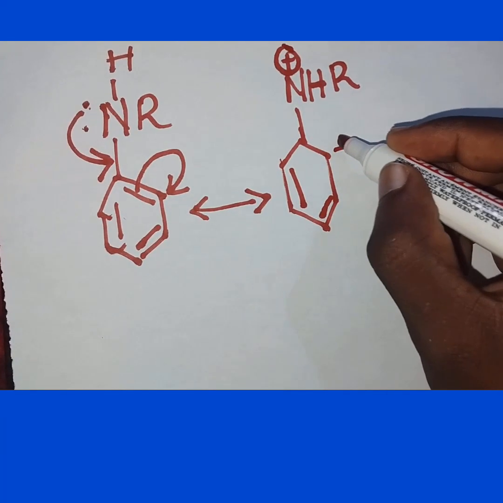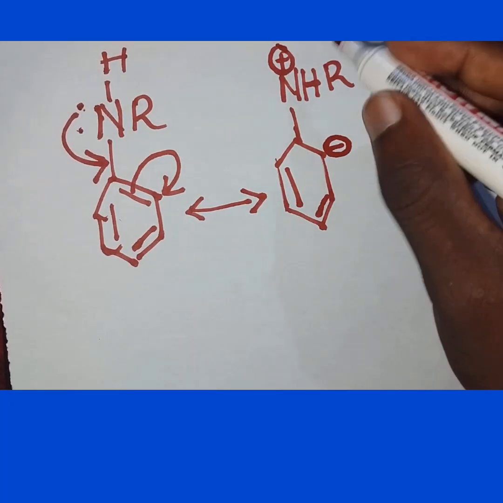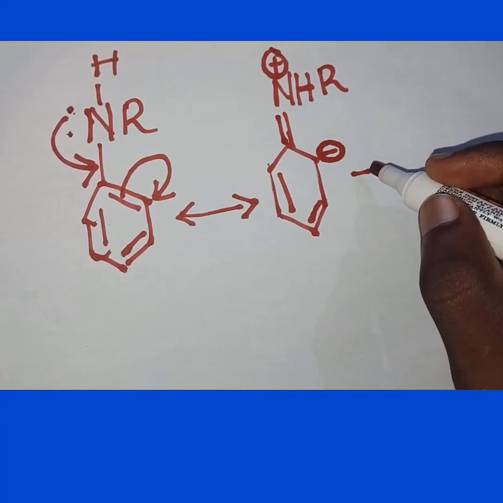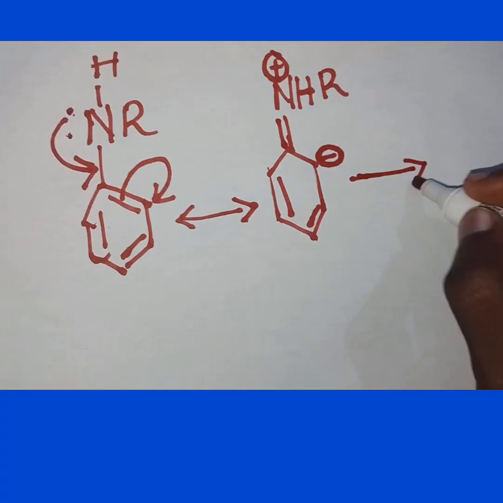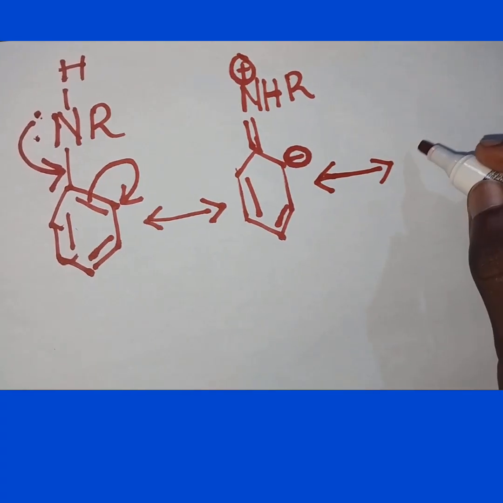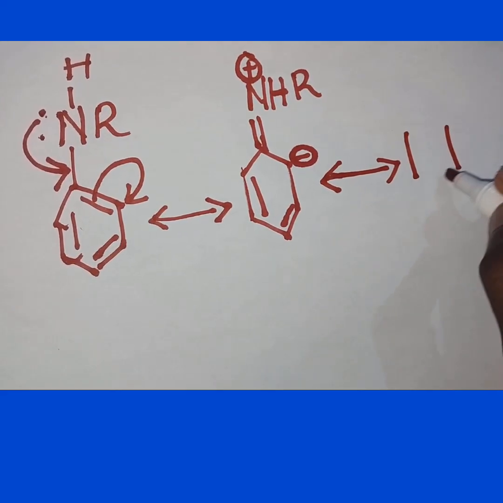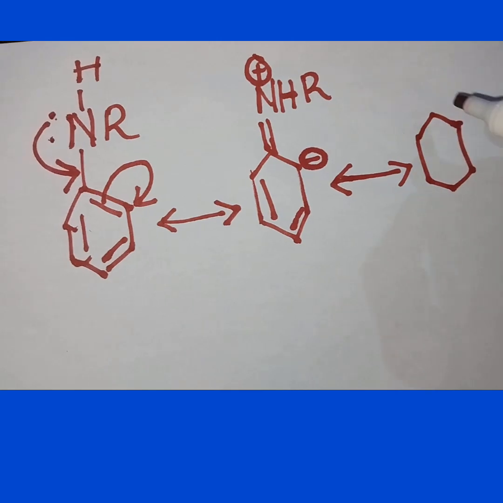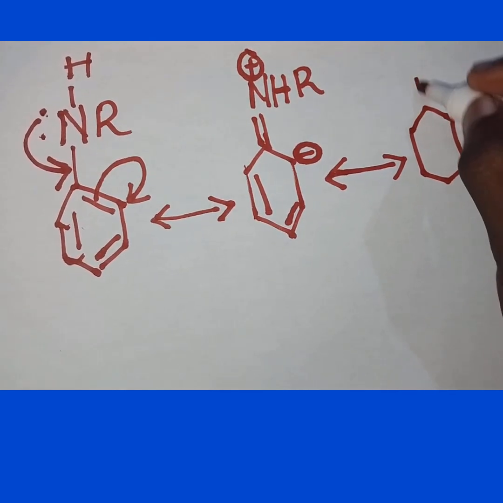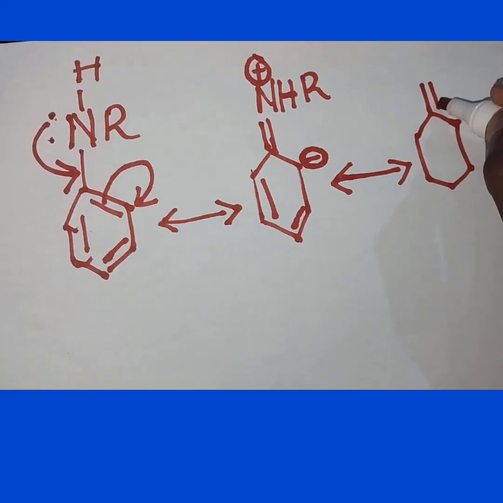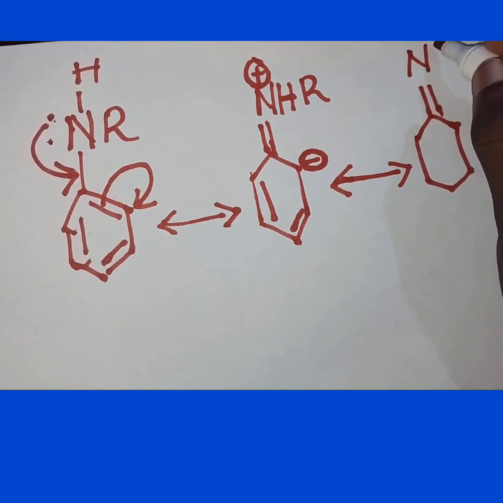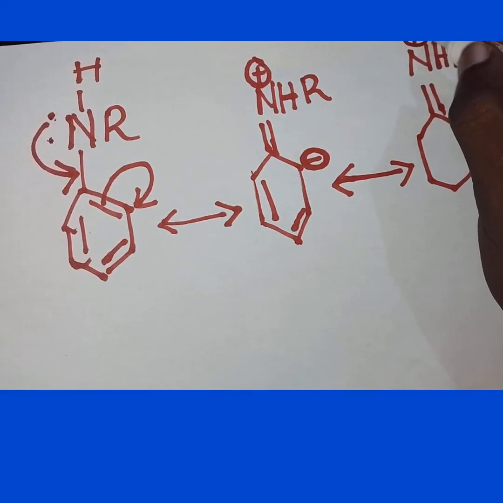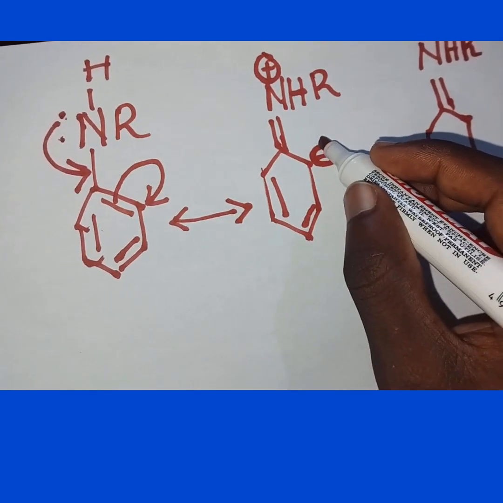We are forming a negative charge on the second carbon from the bonded one. A double bond will be formed between the nitrogen and the carbon of the benzene ring. The other compound is formed by the movement of electrons. Now we have nitrogen with one hydrogen and another alkyl group, or only hydrogen with no alkyl group.